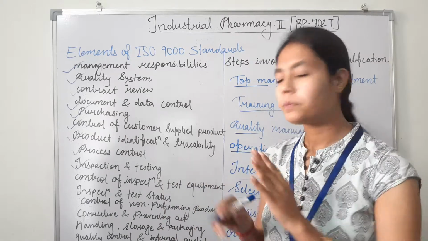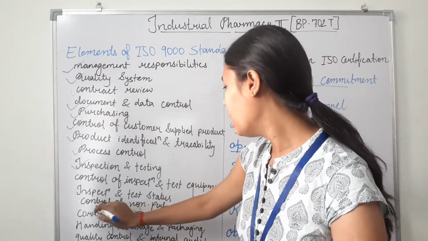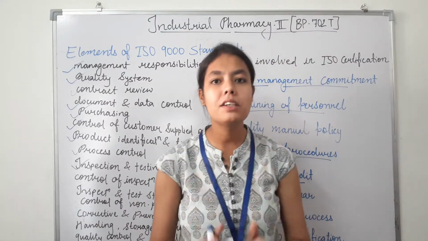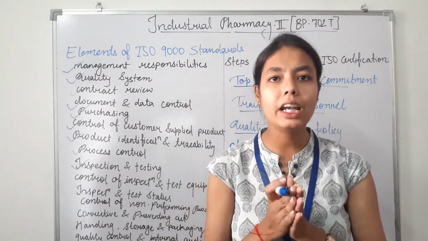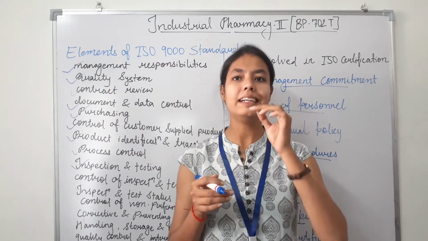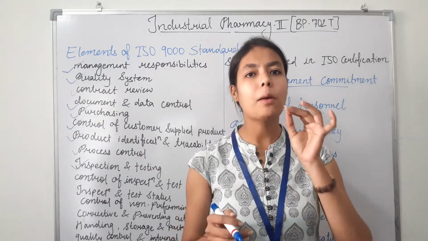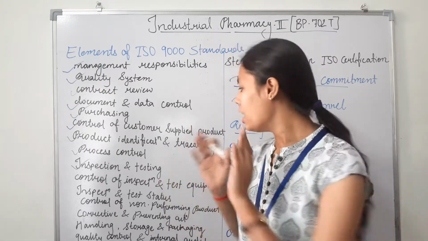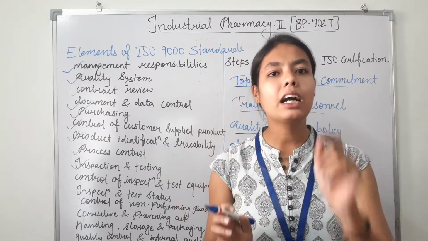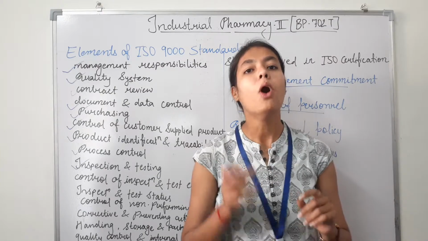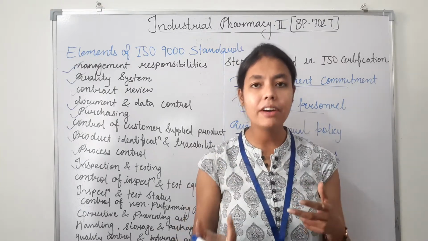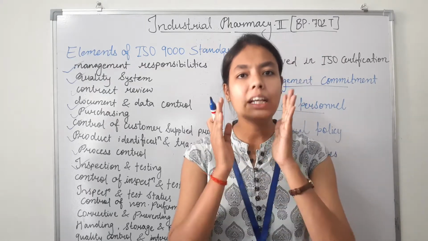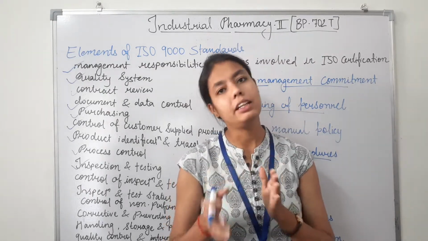After that, we have to direct the inspection and test status. There needs to be an indicator that states what test a product has been through and whether it passed or failed. In this case, the company must have a system or method for identifying the inspection and test status of the product at all relevant stages in the process.